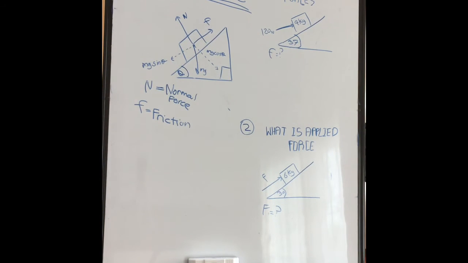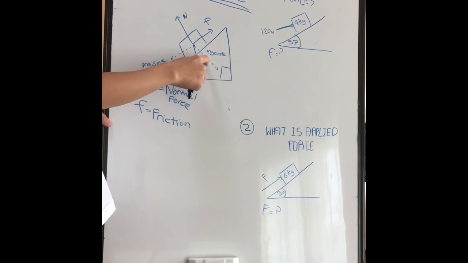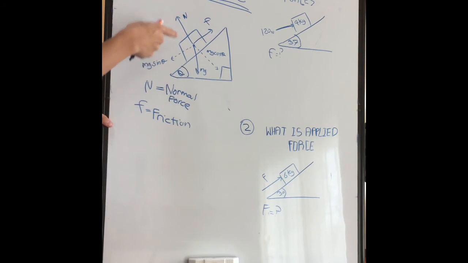So for the final one, inclined plane. The picture looks like this. It has friction along the slope, mg sine theta downward, and mg cos theta perpendicular to the slope, and the normal force acts on the surface. So N is normal force, F is friction.